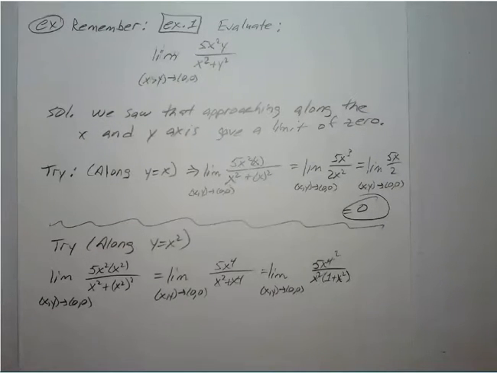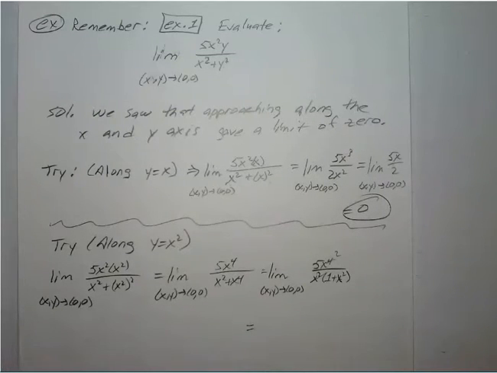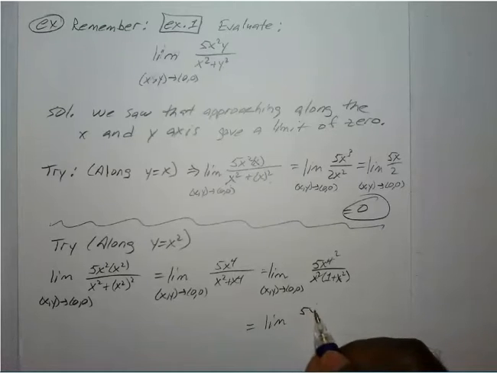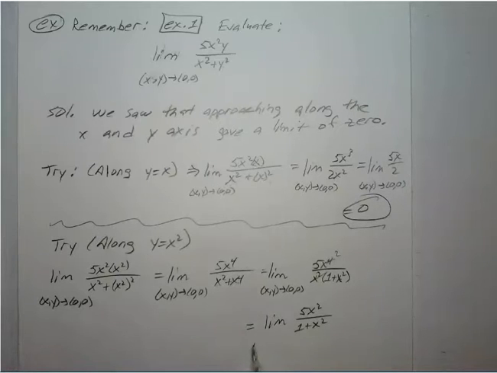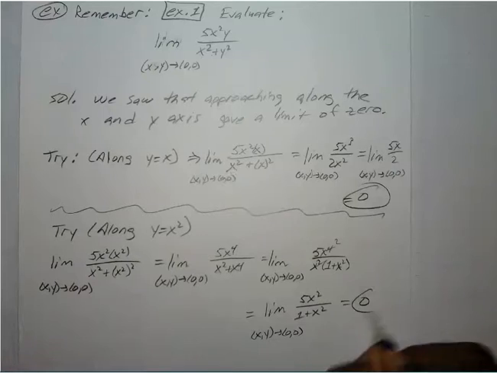So that leaves us with, I'll put that underneath since we're out of room, the limit of 5x squared over 1 plus x squared as (x,y) approaches (0,0). Again, that's 0 over 1, which would still be 0.